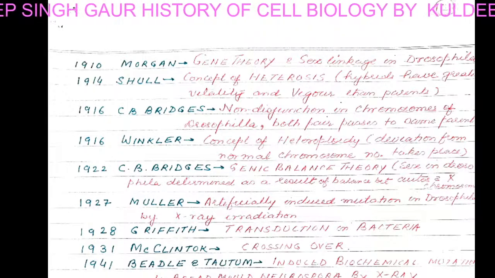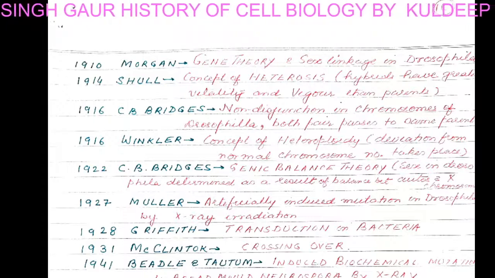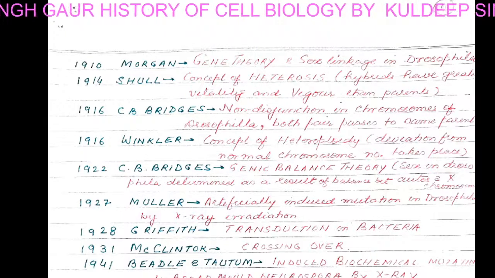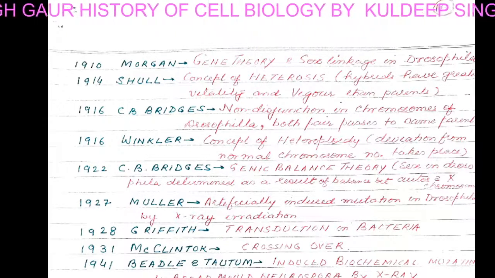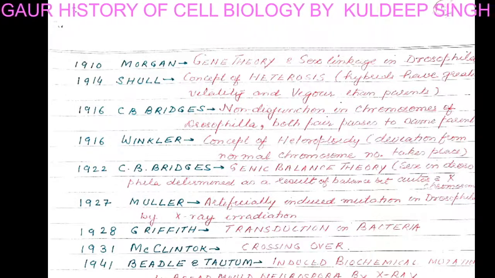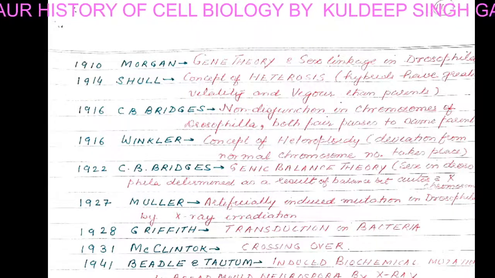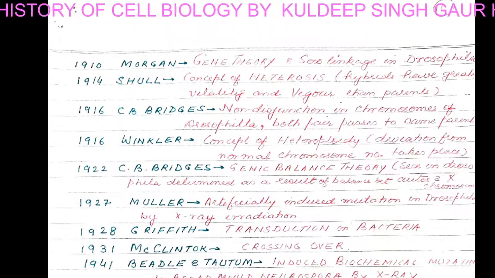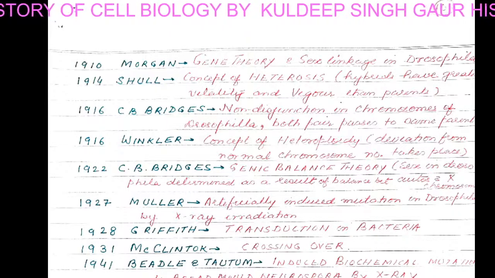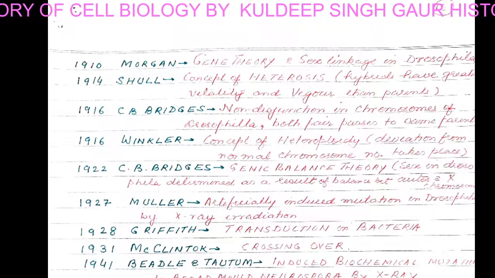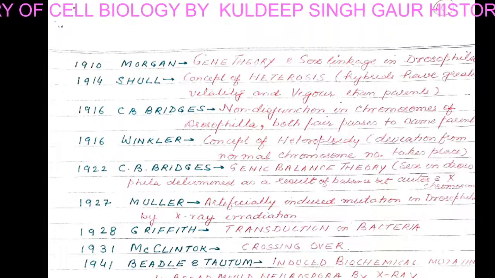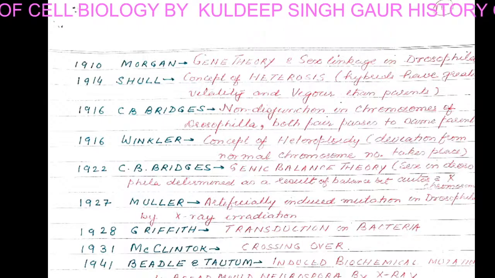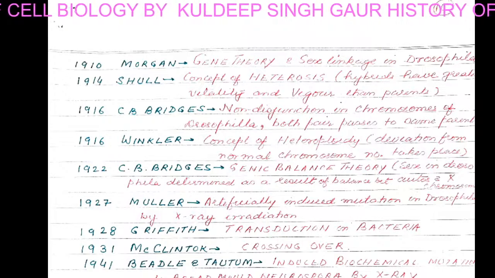Shull, 1914, gave the concept of heterosis and stated that the hybrids have greater vitality and vigor than their parents. C.B. Bridges stated non-disjunction in chromosomes of Drosophila, where both the pairs which remained associated passed to the same parent.